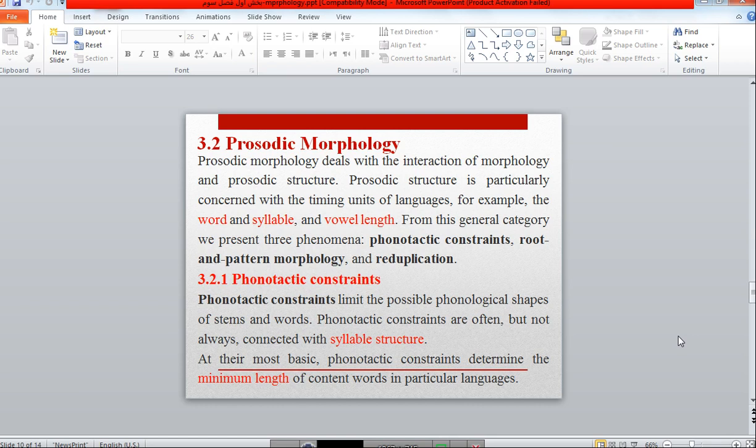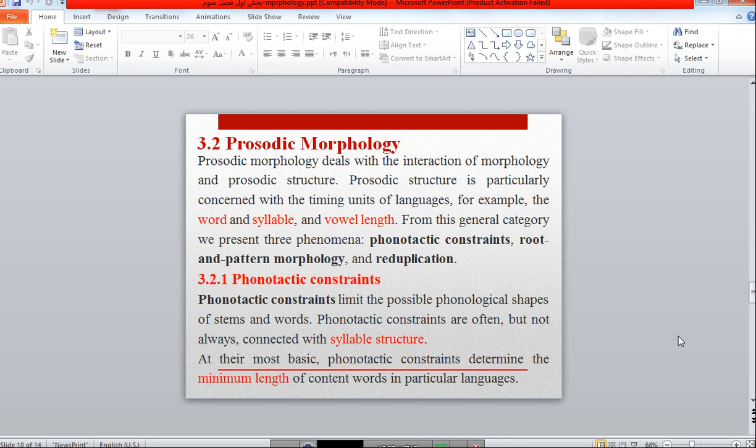But what is prosodic morphology? Prosodic morphology deals with the interaction of morphology and prosodic structure. Prosodic structure is particularly concerned with the timing units of languages, for example, the word and syllable, and vowel length.